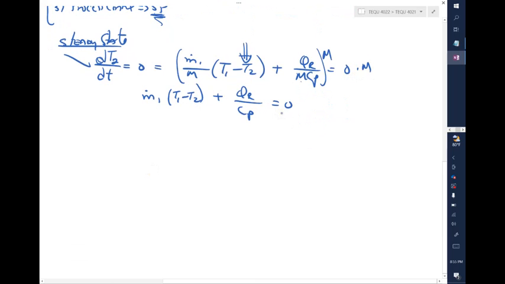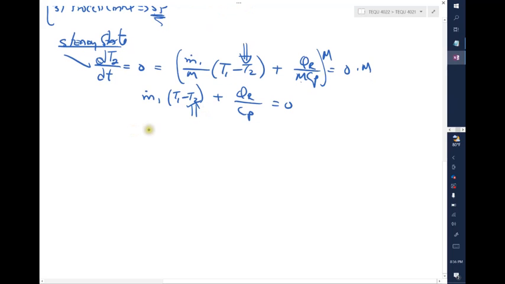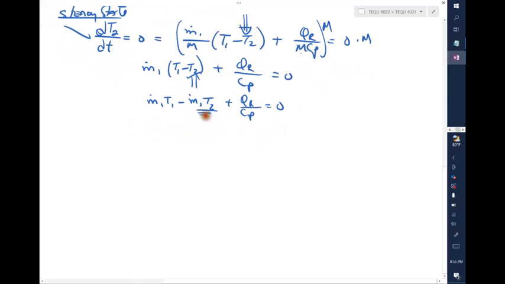Now, as I said, in most cases we want to know what is T2. If I work this out in detail, M1 T1 minus M1 T2 plus QR over Cp equals 0. We want the equation in terms of T2, so it's M1 T1 plus QR over Cp equals M1 T2.